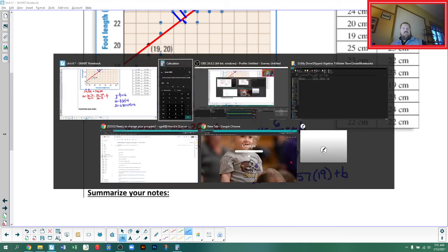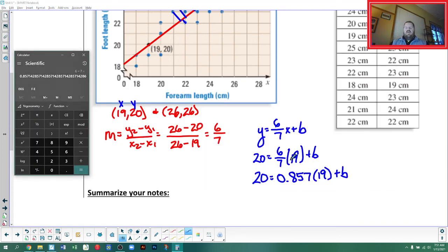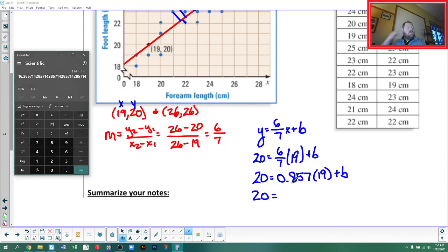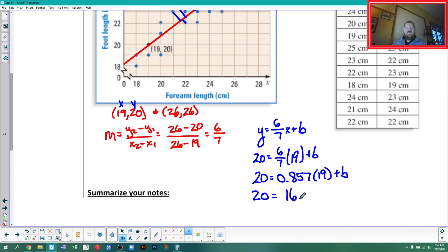And I should have written down that first. And we have 16.2857. Let's call it 16.286. So 20 equals 16.286.